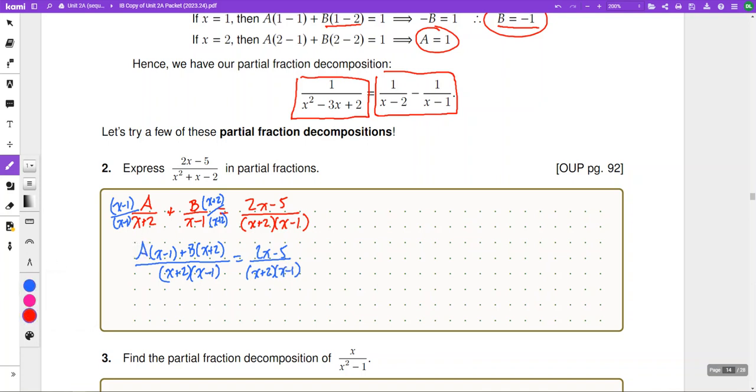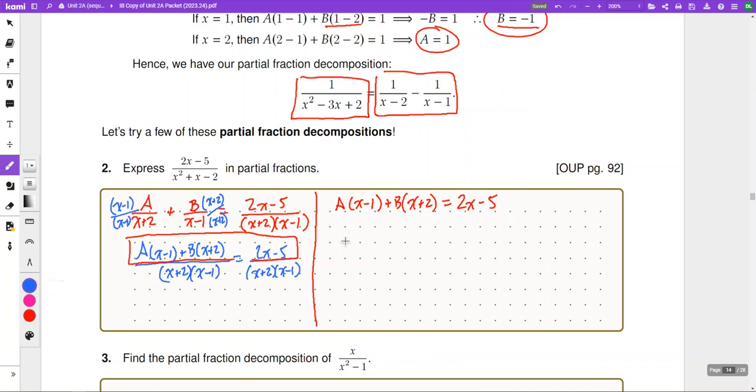Now, because this process will be the same every single time based on the algebra of combining fractions from these rational expressions, we can really then just focus on those numerators, right? We can focus on the numerators and say that, hey, a times x minus 1 plus b times x plus 2 needs to be equal to 2x minus 5.